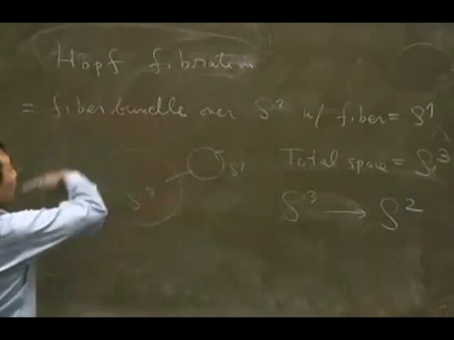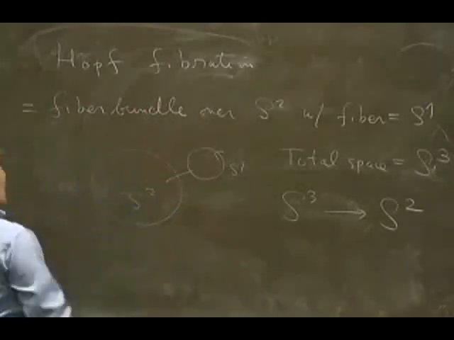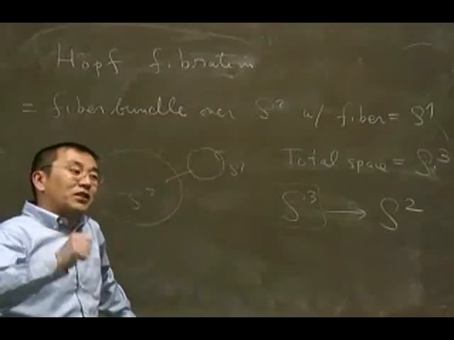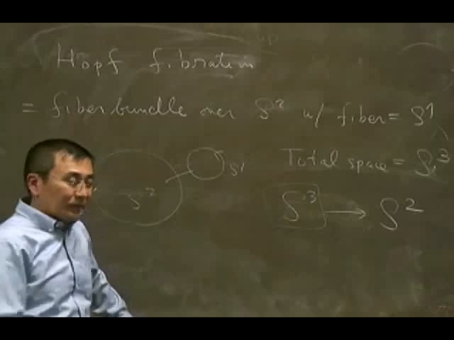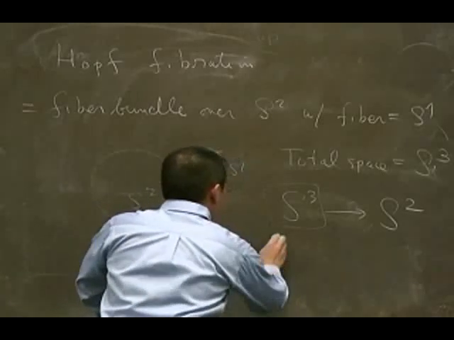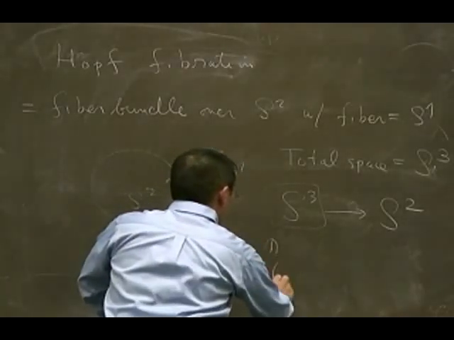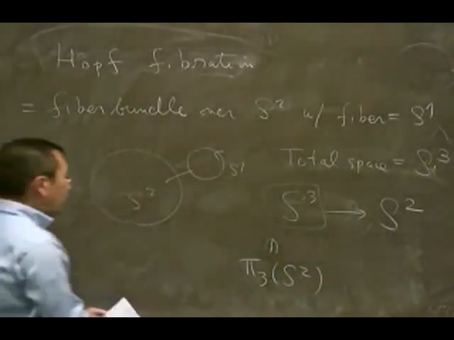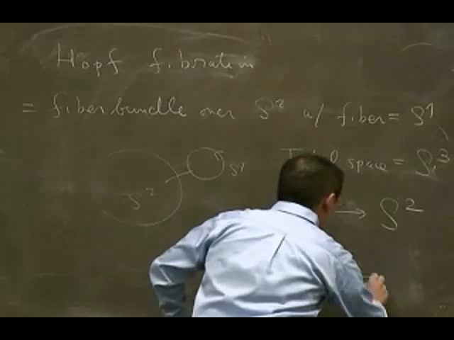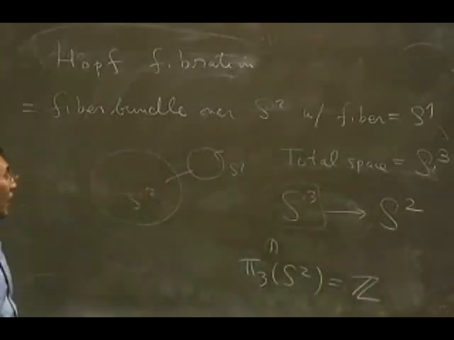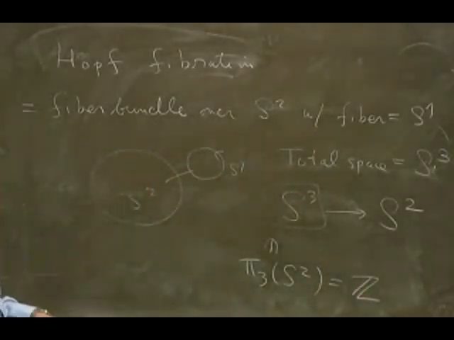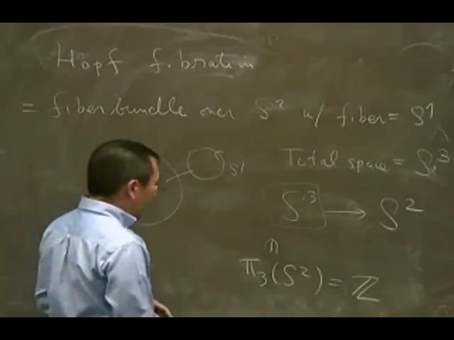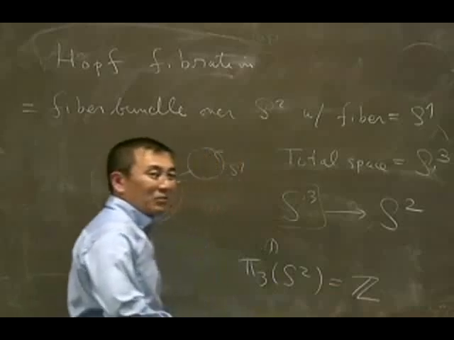This turned out to be a non-trivial map, a non-trivial element of pi 3 of S2. In fact, pi 3 of S2 is Z. And if you remember, we had a classification of monopole fiber bundles, and this is related to the monopole number.